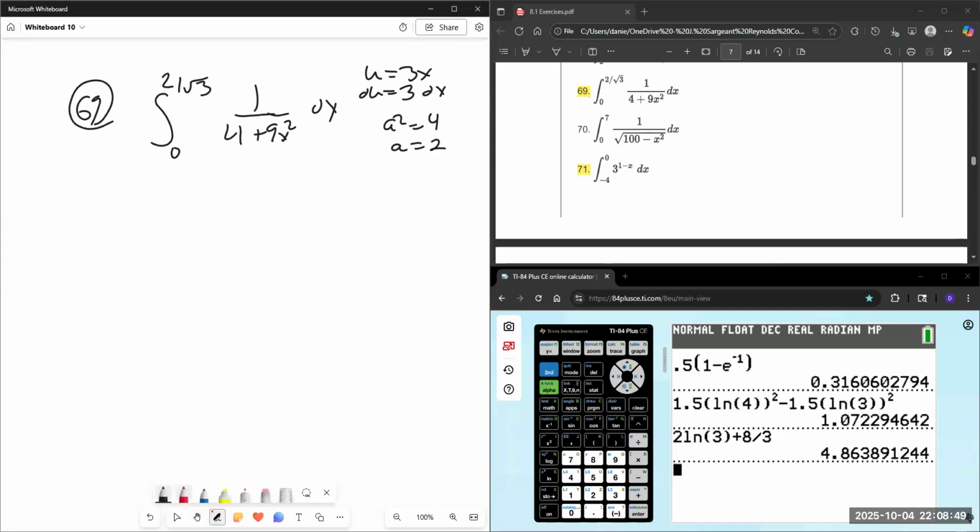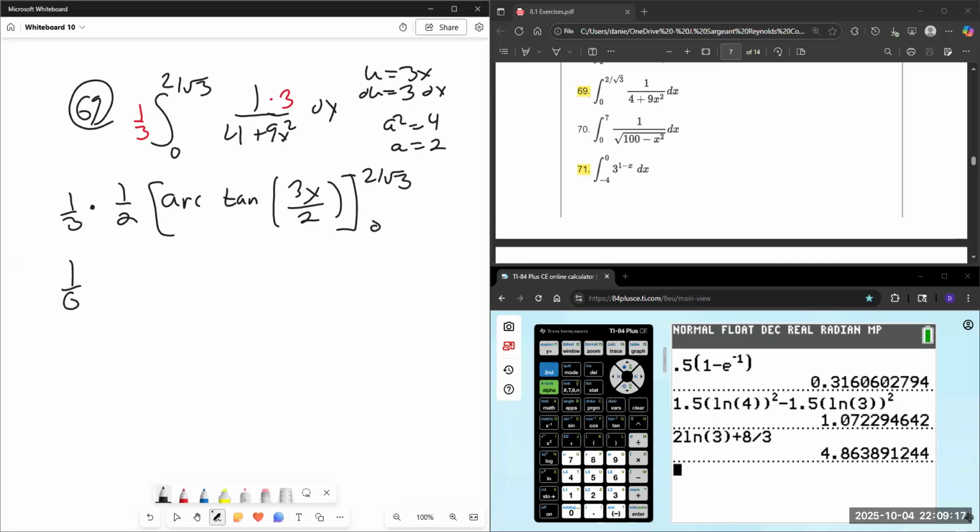I need 3 dx in the numerator, so that puts a 1/3 out front. This is 1/3 times 1 over a, arc tangent of u over a, evaluated from 0 to 2 over root 3.